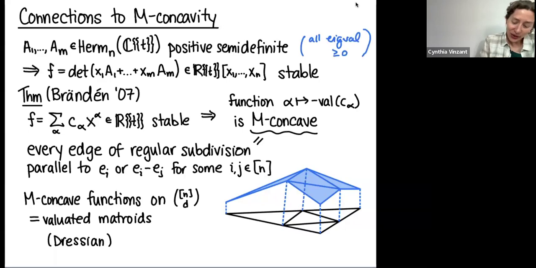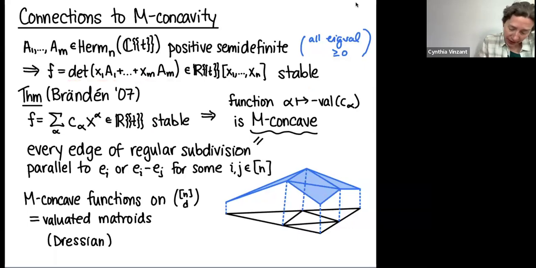Then you could put these into a big linear matrix. Each matrix gets its own variable. You sum them all up and take the determinant. You get a polynomial of degree n in m variables, and it has a property called stability that I don't want to actually introduce. The only relevant piece for us is that a polynomial that comes in this form is stable.